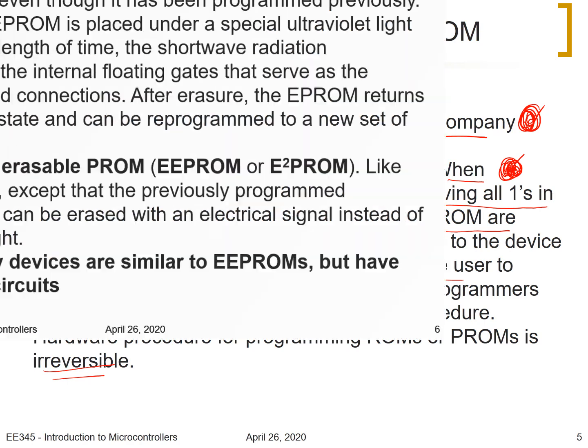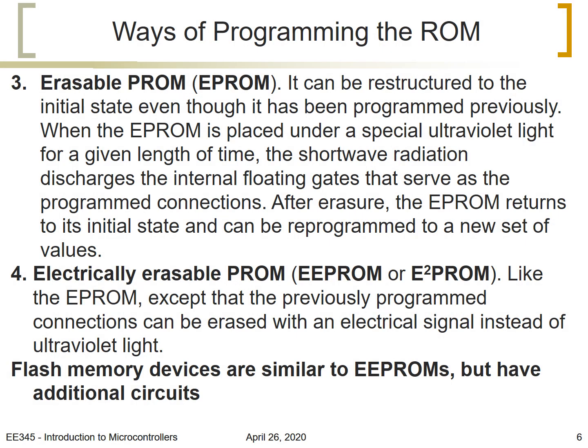Now the next one is called erasable PROM, or EPROM. Erasable PROM can be restored to the initial state even though it has been programmed previously. So that's why it's called erasable, because you can erase what you have programmed.